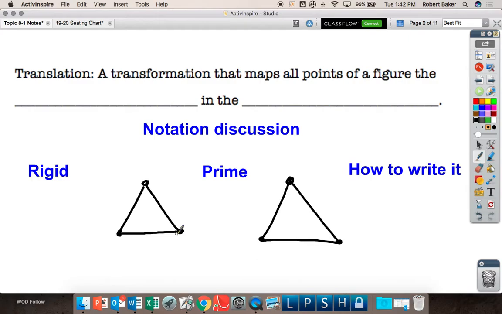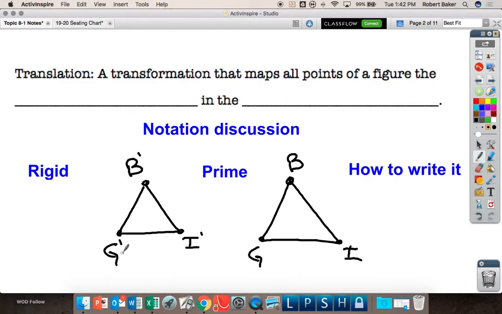Okay, so generally we have shapes. Let's call this triangle big. Okay, so this triangle would also be. Does that help me figure out which way that triangle's sliding? No. So what else can we do? Throw arrows. Now what? Which way did the triangle move? To the left. It moves left.